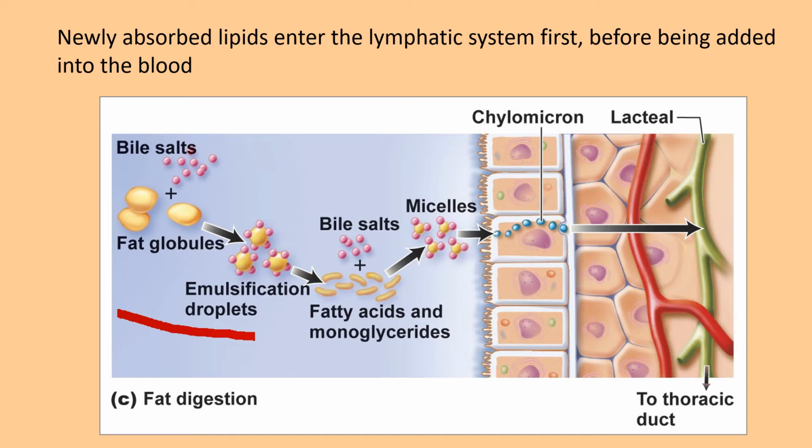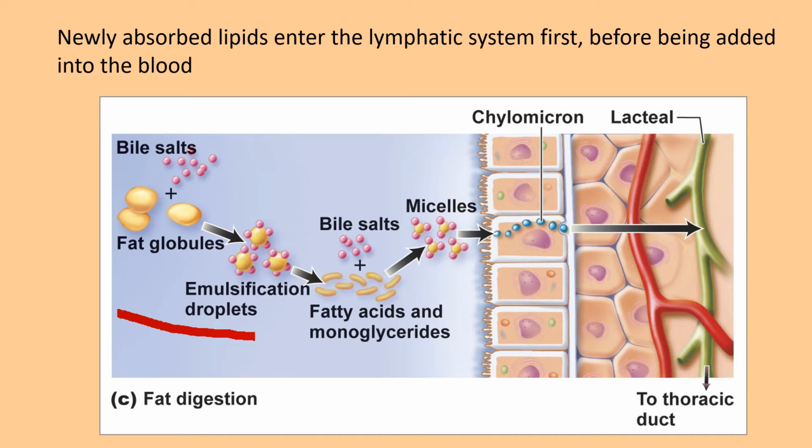The bile salts are pink here. And we know that in the small intestine we have lipases present. A lipase is a lipid digesting enzyme. And the type of lipid that we're dealing with here is the triglyceride. So those are fats and oils. And triglycerides, when they're acted upon by lipase, get digested into fatty acids and monoglycerides.